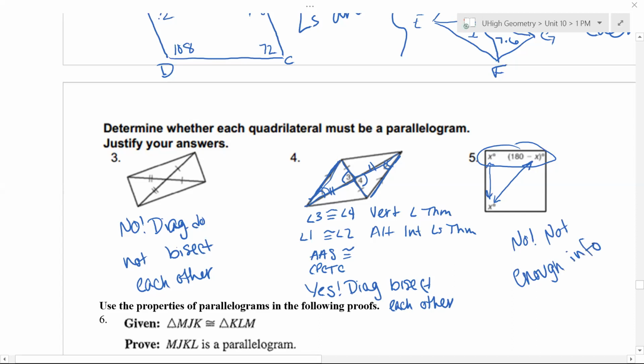I want you guys to think for a second, what would x have to be in order for this to be a parallelogram? What are options for x? If x is 90 degrees, then it would be true. But since we don't know that, we can't say for certain if this is a parallelogram.